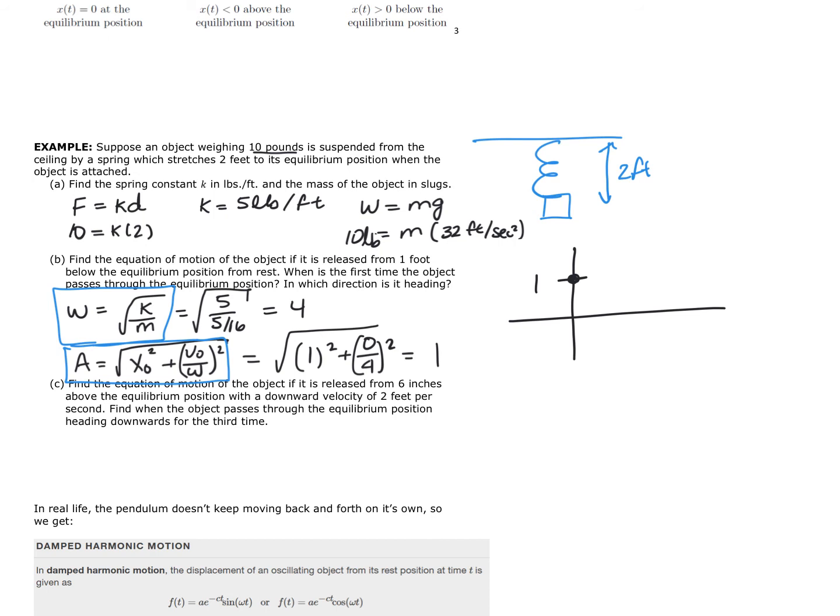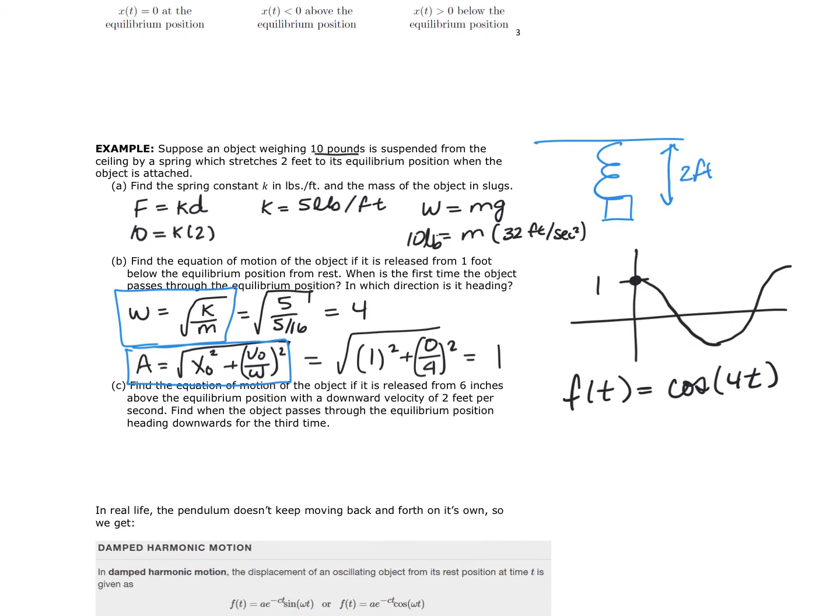So I'm going to start in a positive, go to equilibrium, come back up, and then that will be where I end. I know that my omega happens to be 4, so I have f of t is equal to the cosine, my A was 1, of 4t.